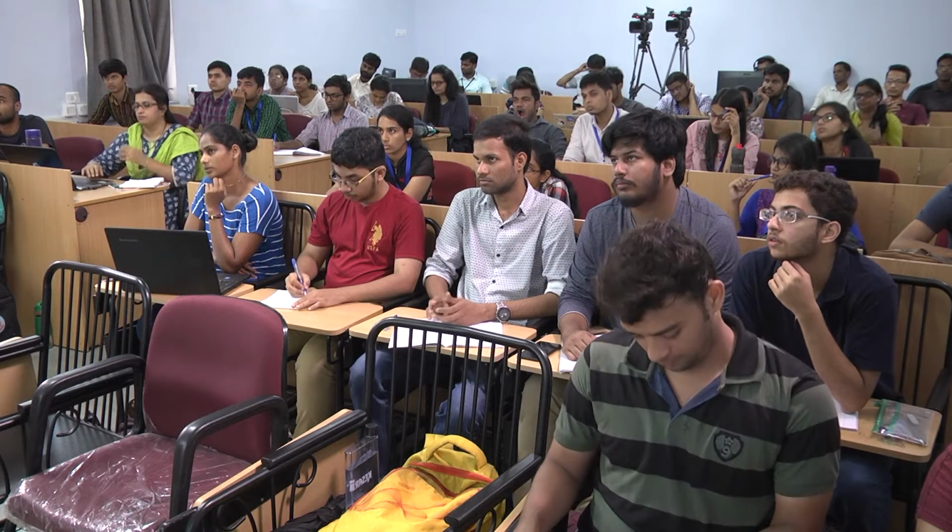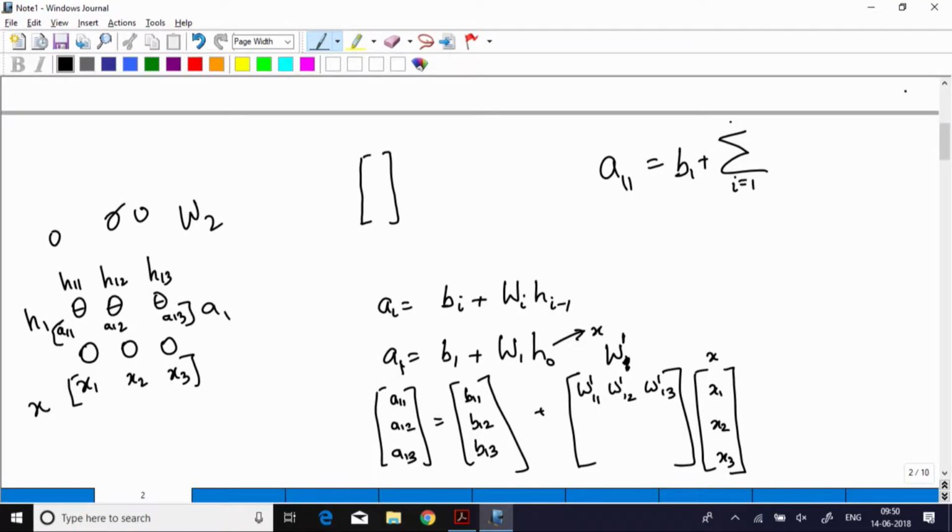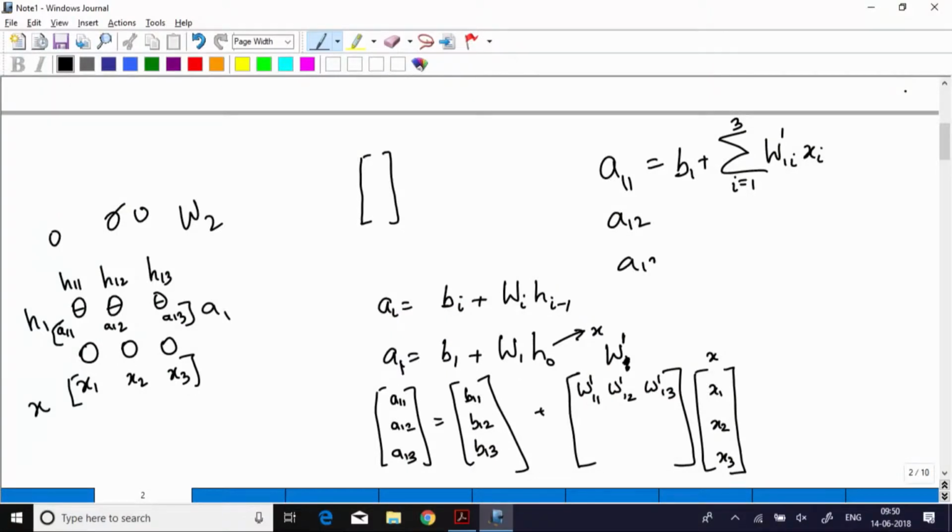If I write it as the following, will you be fine with it? And similarly, you can write the formula for A12, A13, which is going to be similar. We'll have B2 plus the appropriate sum.